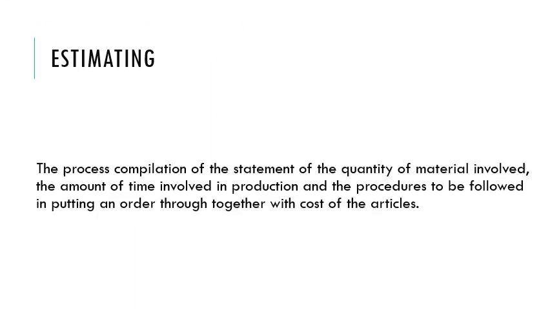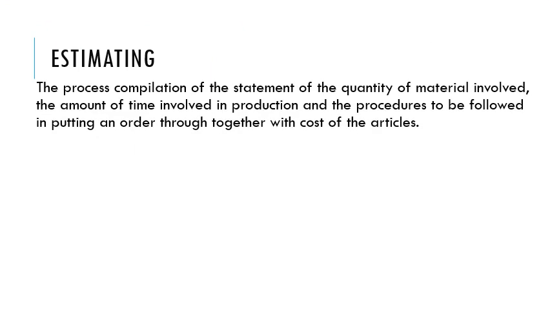What is estimating? The process of compilation of the statement of quantity of material involved, the amount of time involved in production, and the procedures to be followed in putting an order through together with cost of the article is termed as estimation. See now, whenever a part is to be manufactured, we need to calculate the total cost to manufacture that particular part.